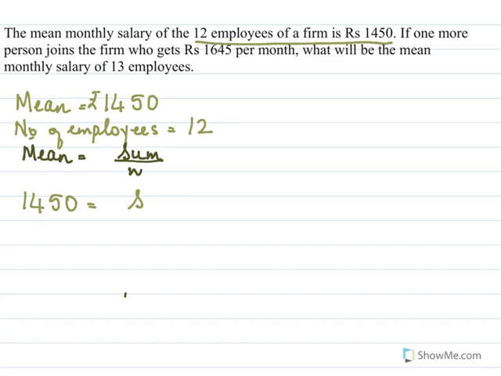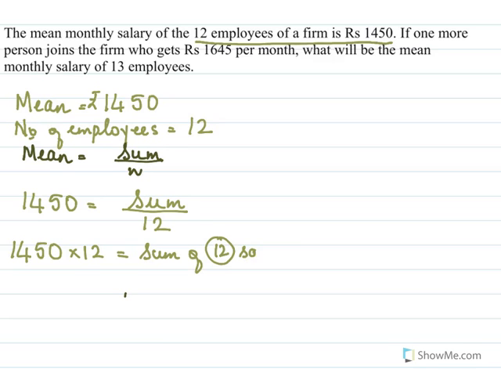We do not know the sum of the salaries, but the number of workers is 12. So 1450 into 12 will give you the sum of 12 salaries, and that works out as 17400. This is the sum of 12 employees.